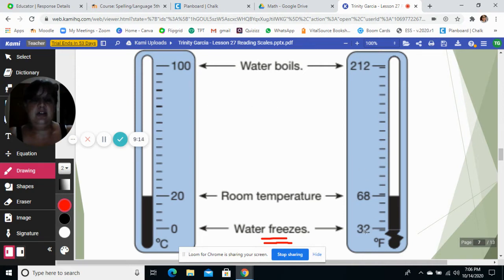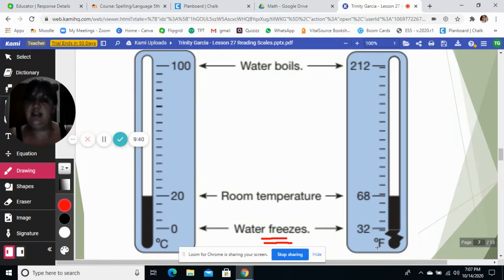Now let's look over here. It should be the same, right? 32 plus 5 would make 37, right? Then it would be 42. And then 42 plus 5 is 47. And 47 plus 5 is 52.